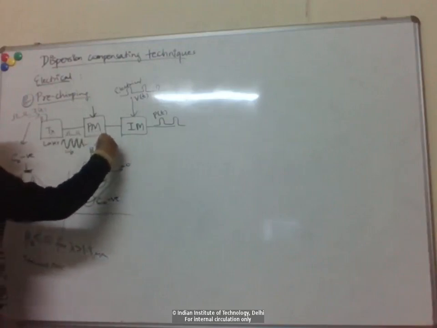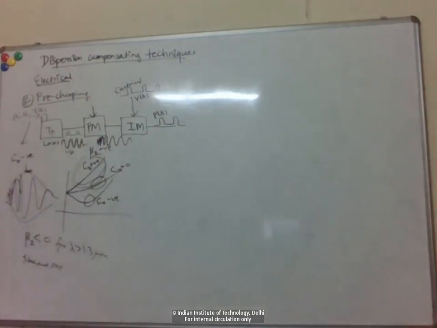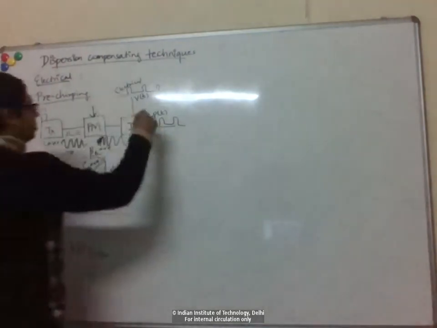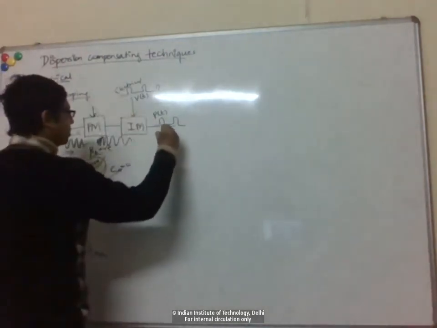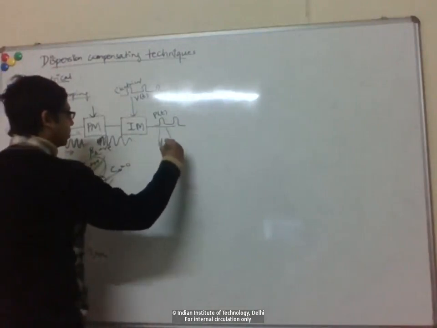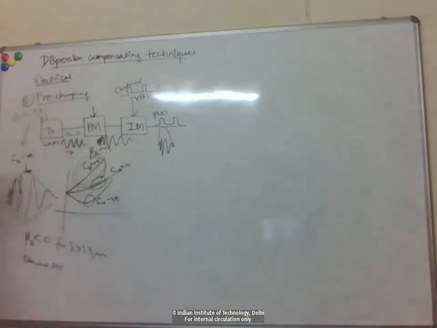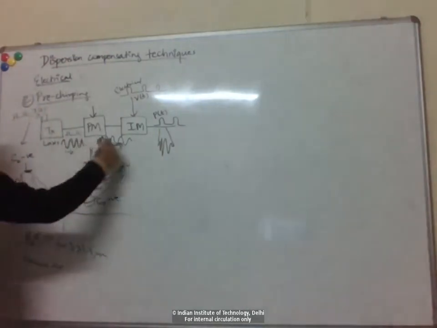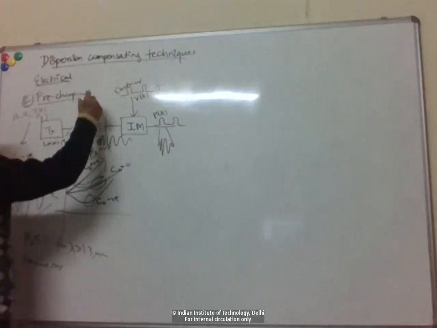We first chirp it, and then we make pulses out of it. So now this pulse is chirped. How do we chirp this? A simple way is just to send some microwave tone here.